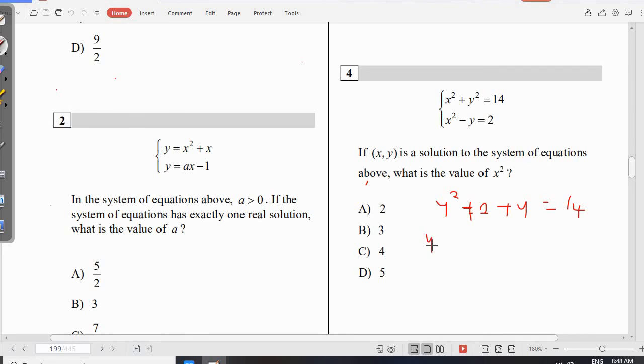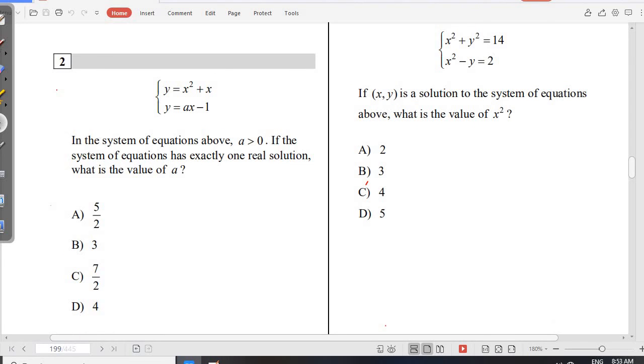So you have y squared plus y, still the same thing that we did before. Let's just solve it now. So that answer was staring at us all this while.